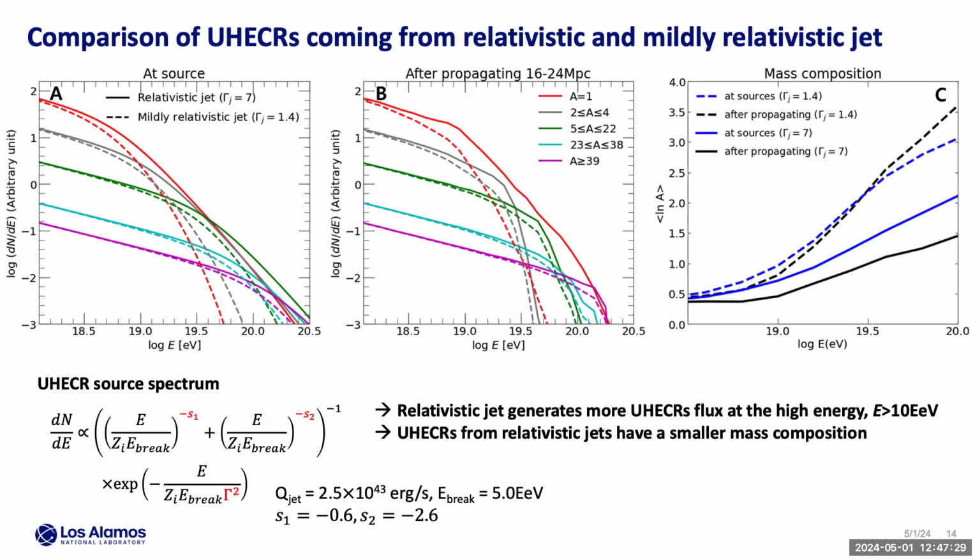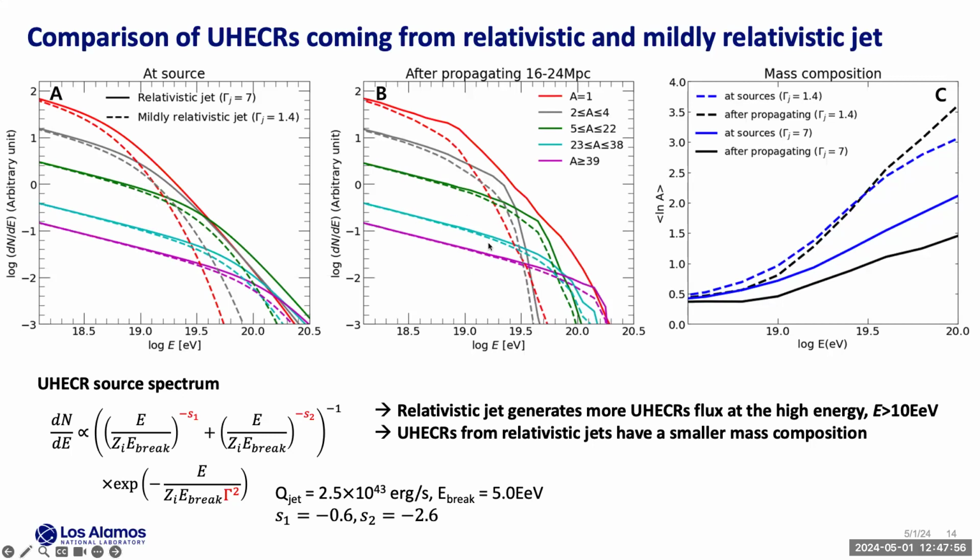And color indicates the mass of the particles. So for instance, the red line is basically protons. And you can find that in the high energy region, if there is a relativistic jet, then more flux is generated, something like this.